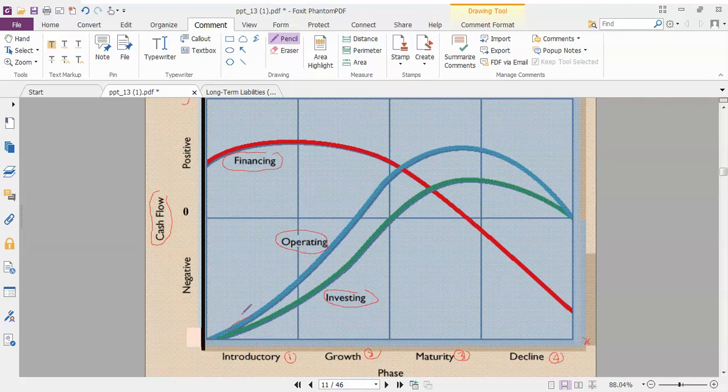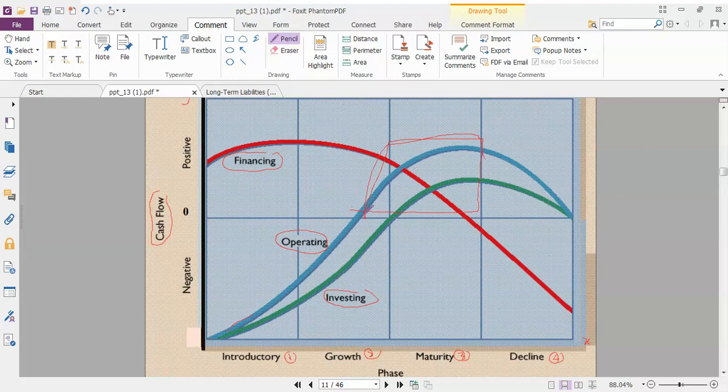So you look here, if in the introductory phase, our cash flow is negative, until the product is growing and also matured, so our cash flow is getting better, and we get positive cash flow, right? Look here, positive cash flow increasing.